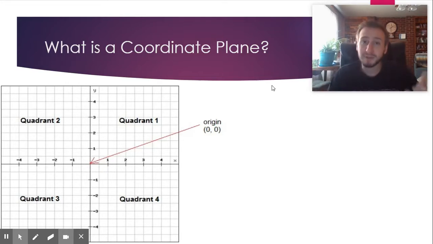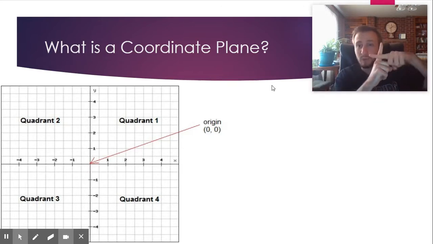And really what a coordinate plane is, is just one number line going up and down and one number line going left to right. And they just intersect one another, right? Because if you look over here, here's a number line that we were working with last week. Here's a number line going left to right, and here's a number line going up and down.